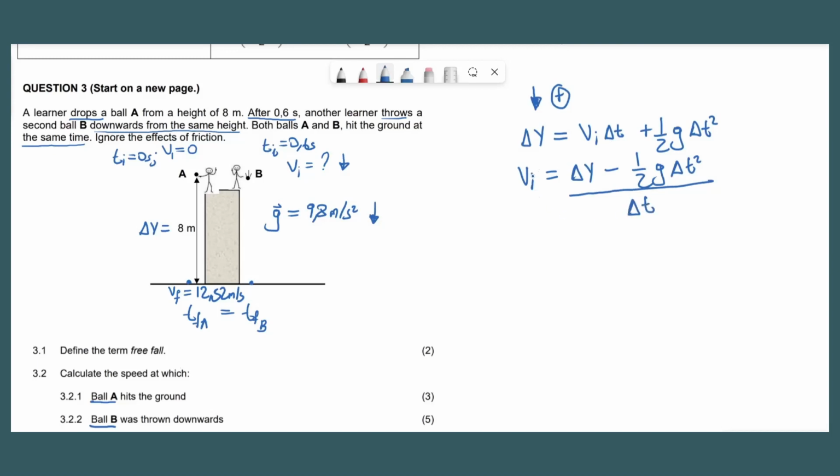And so I have just made vi the subject of the formula, and then we can substitute all these quantities. We know that delta y is 8 meters.